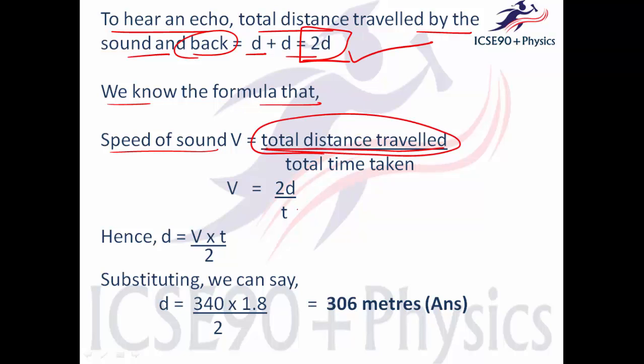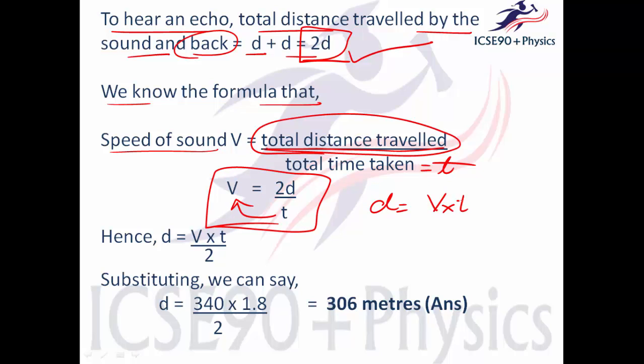The total time taken being represented by t. So v is equal to 2d upon t, and thus the distance becomes d is equal to v into t upon 2, and substituting the values, we get 340 into 1.8 upon 2, which is nothing but 306 meters.